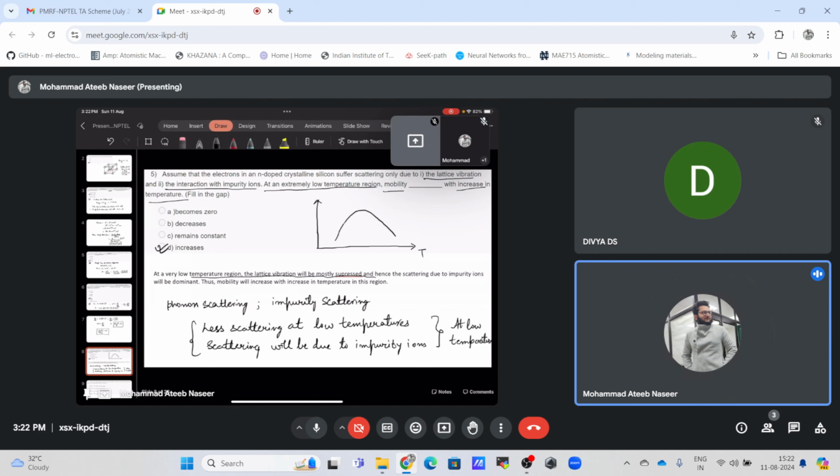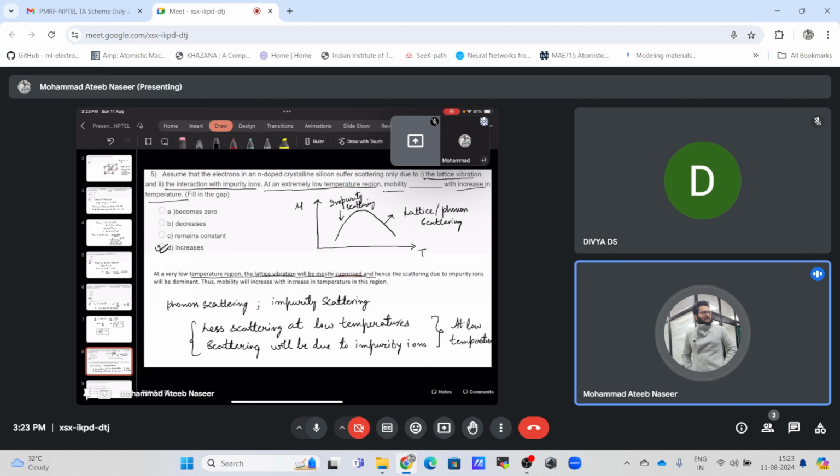Temperature, mobility, and you can say this region at low temperature is dominated by impurity scattering, and this region is dominated by lattice or phonon scattering.